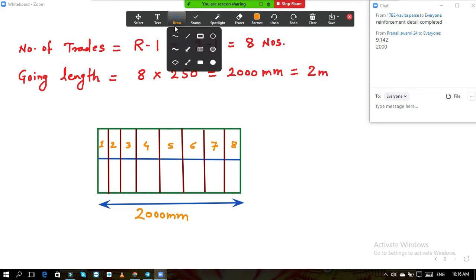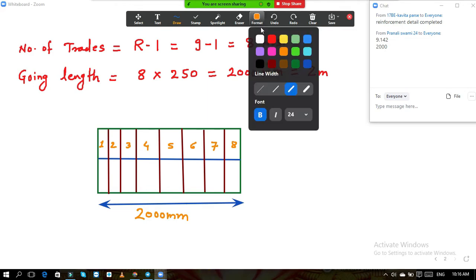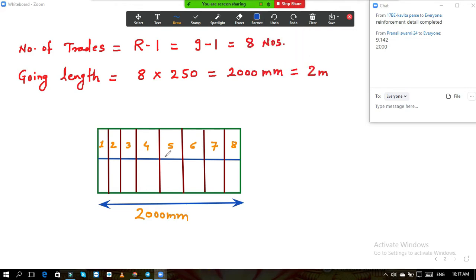Now, what is our landing width? The landing width is not given in the problem. Width of stairs is given to you, but the landing width is not given to us. Minimum landing width varies from 1 meter to 1.5 meter. Generally it is taken in between these two values.